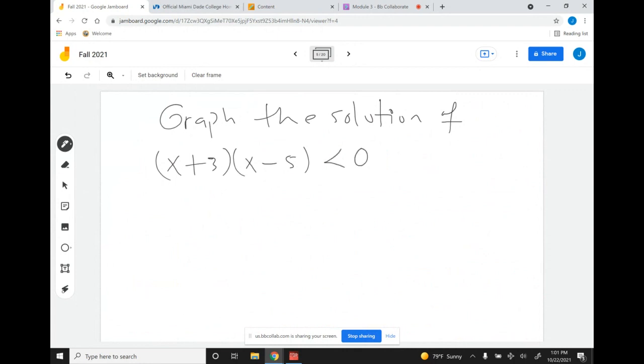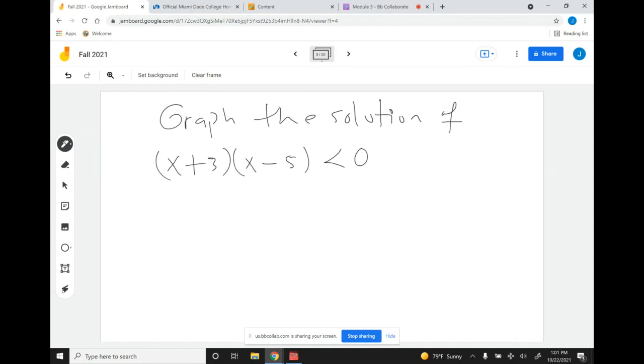Suppose we ask you to graph the solution of this. So the first thing you're going to do is to understand that you're not being asked to graph the function. The graph of the function, if you notice, is going to be a parabola. If you FOIL it, you're going to end up with x squared minus 2x minus 15. Okay, that's going to be the graph of a parabola. But that's not what you're being asked to do.